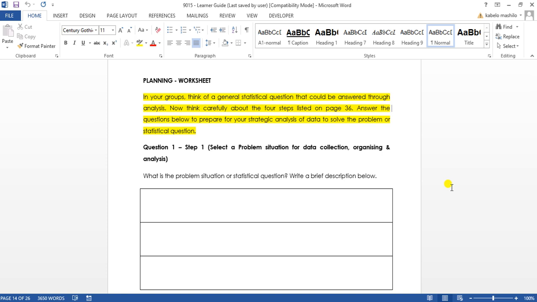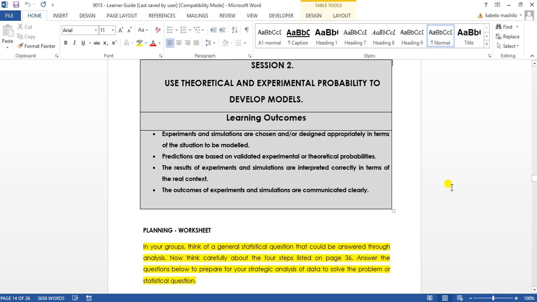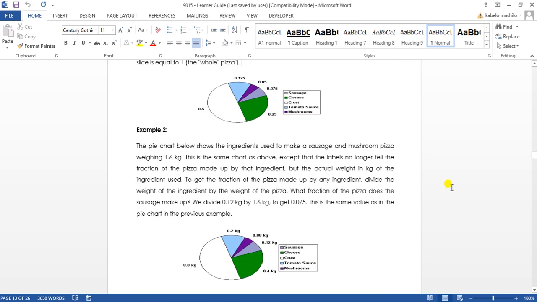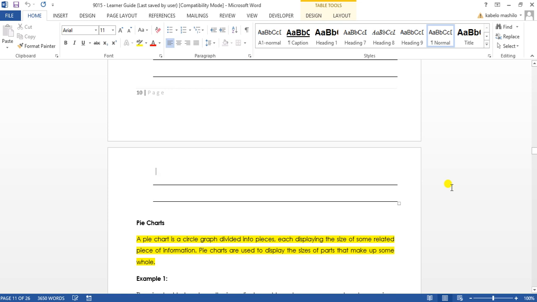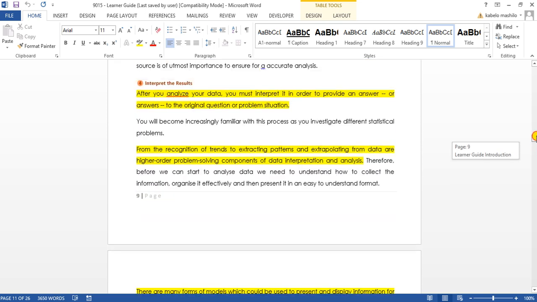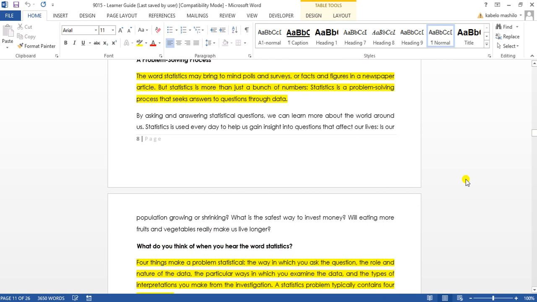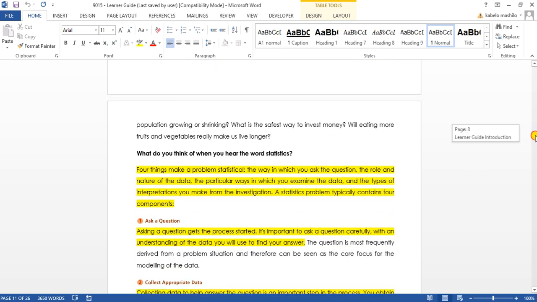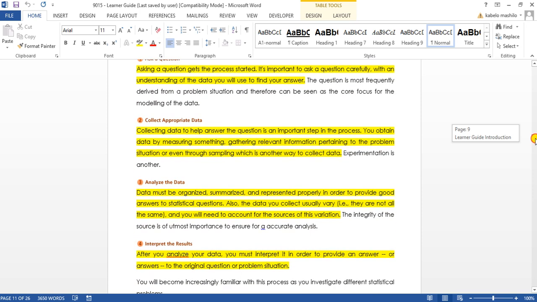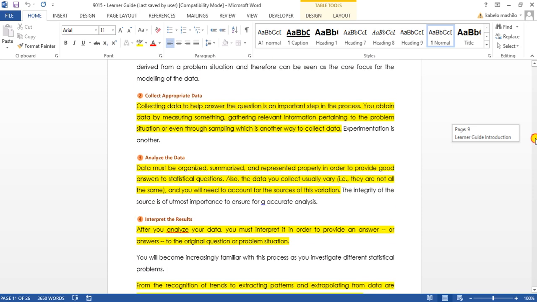So now you have to think about the 4 steps that are listed on page 9. You need to think critically and carefully about these 4 steps: ask a question, collect appropriate data, analyze the data, interpret the results.